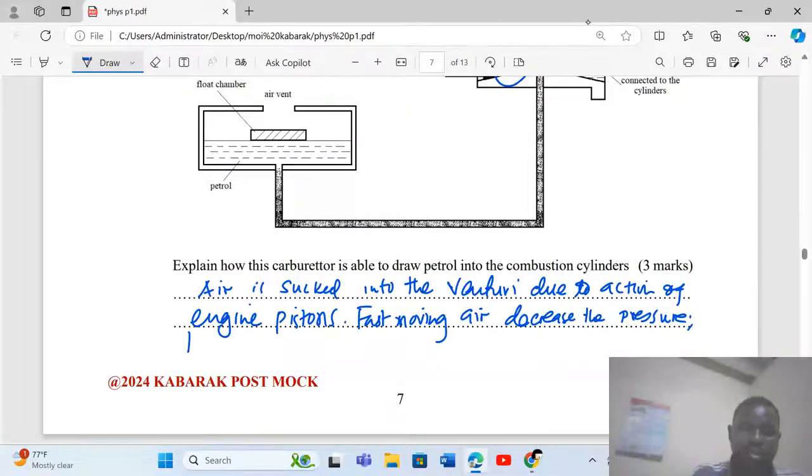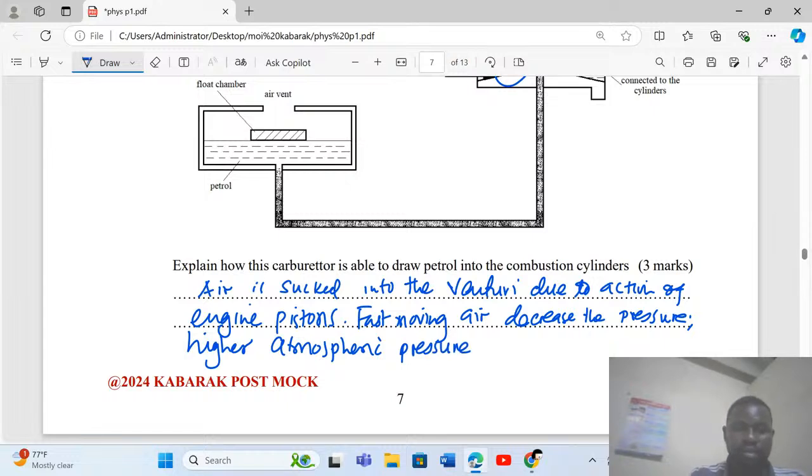Then higher atmospheric pressure, high atmospheric pressure pushes the petrol up. Remember, this is an application of Bernoulli's principle.